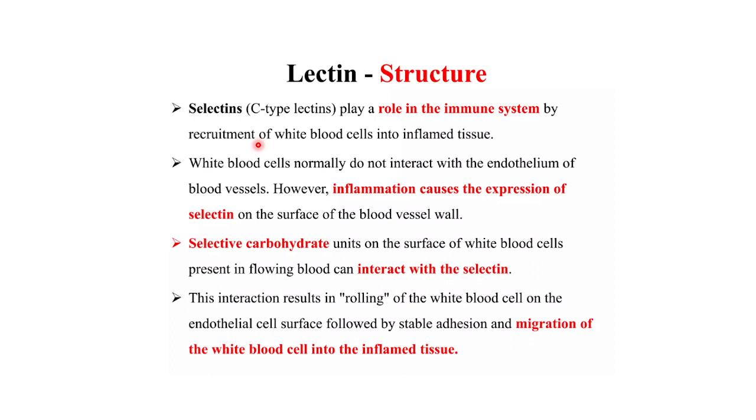Then the selective carbohydrate units on the surface of the WBCs present in the flowing blood can interact with your selectin, and when they come close to one another, it results in the rolling of the WBCs on the endothelial cell surface, followed by a stable adhesion and migration of the WBCs into your inflamed tissue.